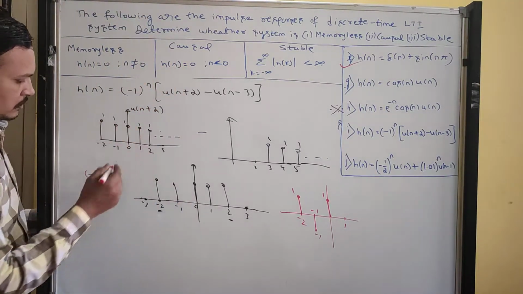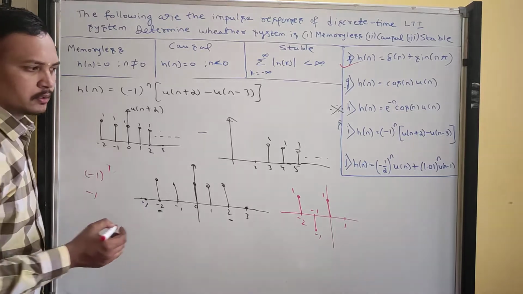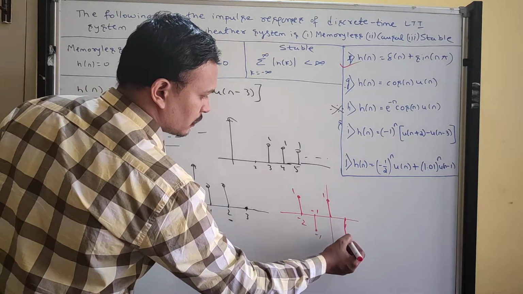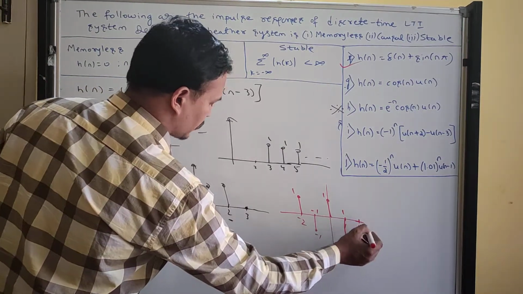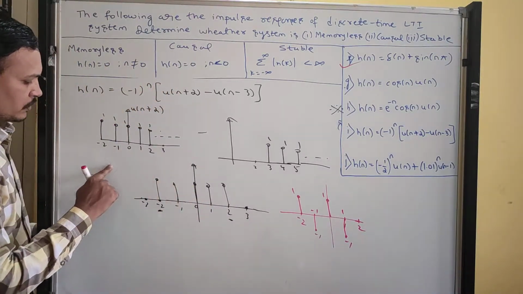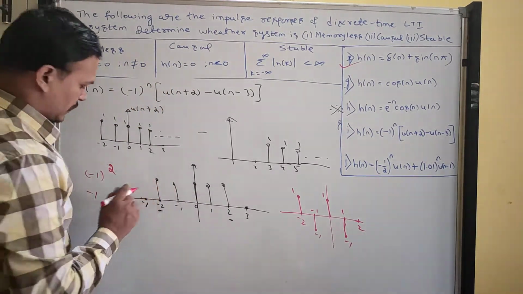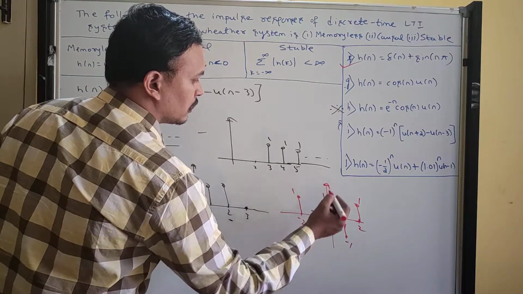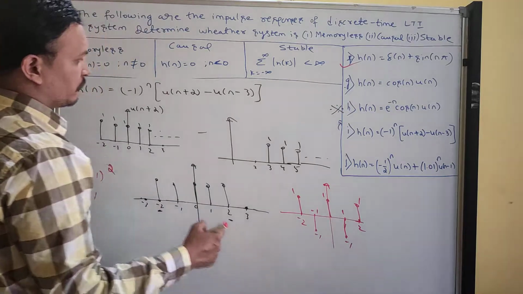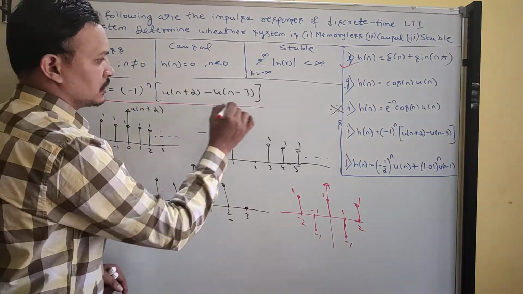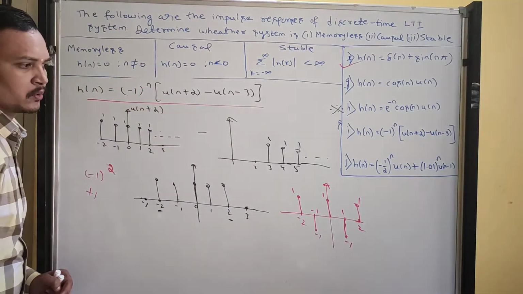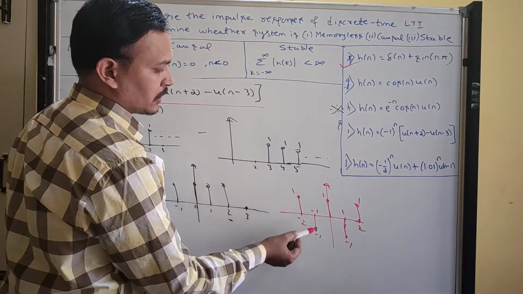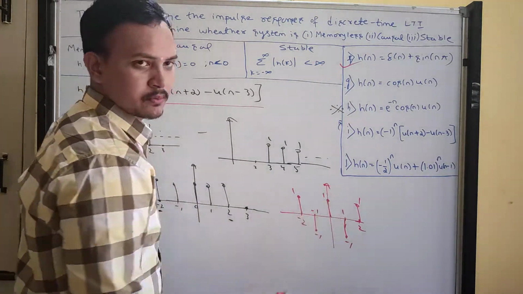Put n = 2: (-1) squared is +1, so you get 1. This is the final waveform, the sketch for this entire equation. It has +1, -1, +1, -1, +1.